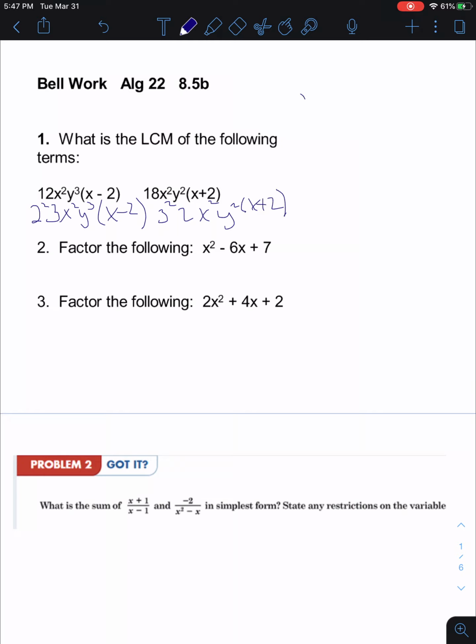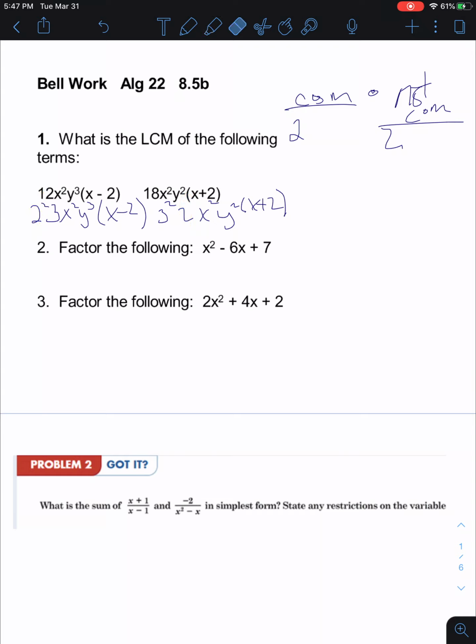Now again, we said common times non-common for our least common multiple. So if I took what's in common, there is a factor of 2 that's common, and then there's a factor of 2 left over in the first one because there are 2 2's here and only one there, so we would have another 2 that's not common.